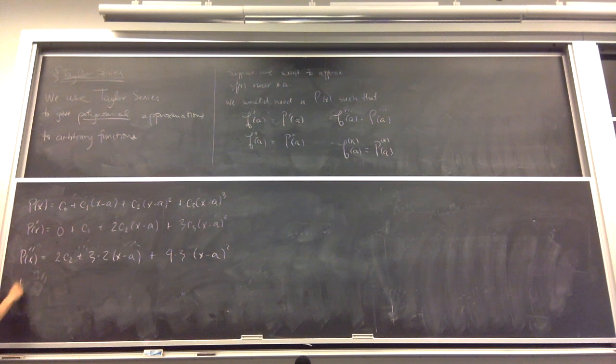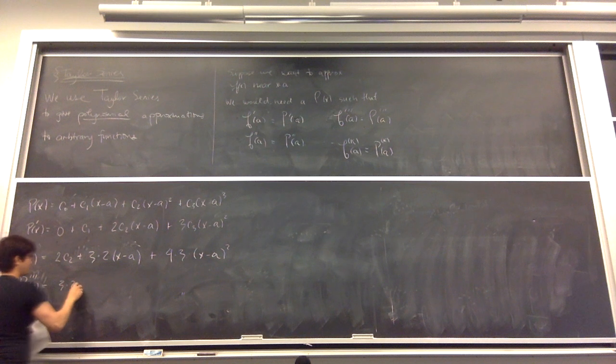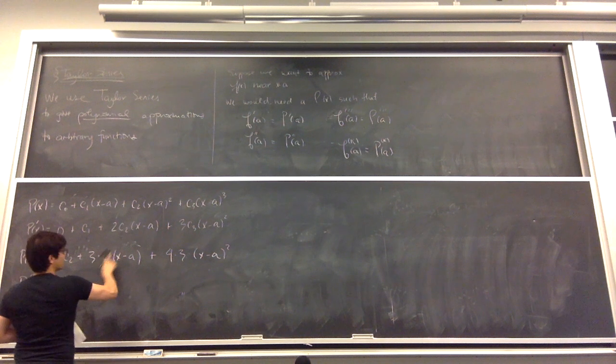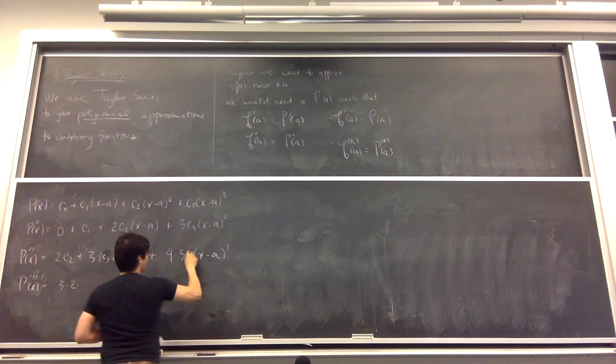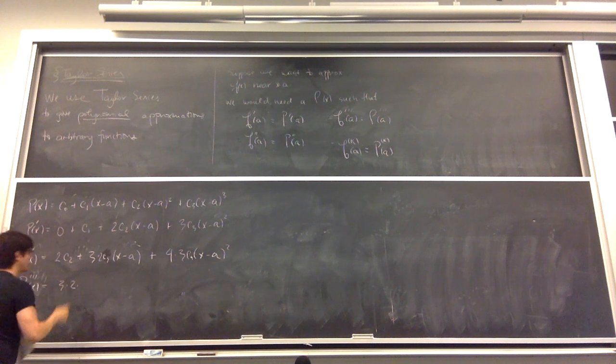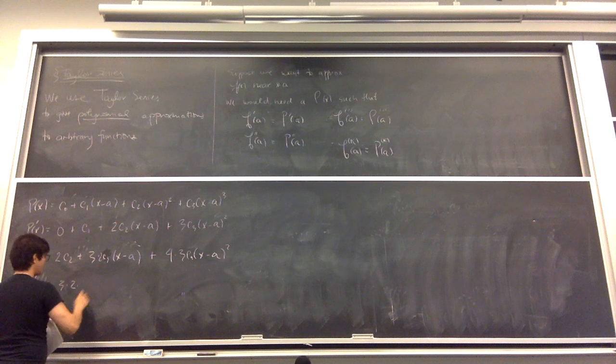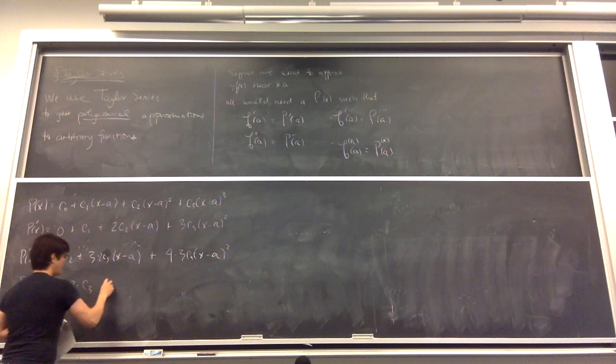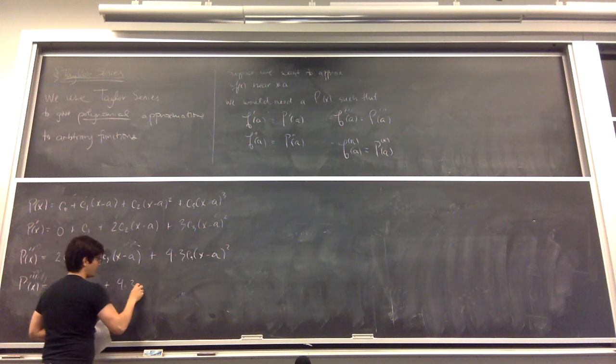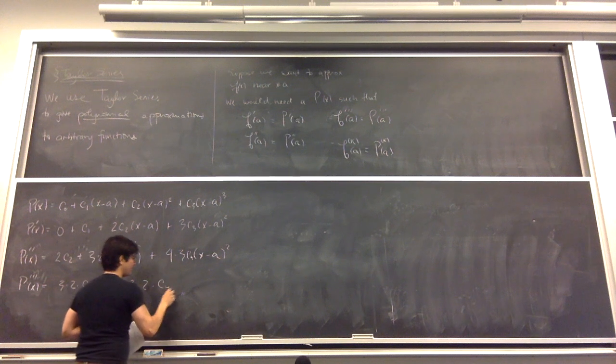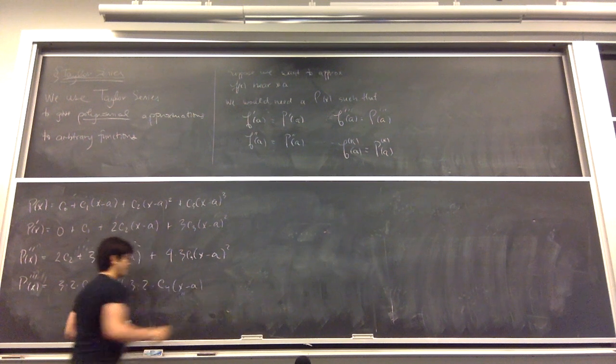And one more for good measure. We're going to get what? 3 times 2 times, oh, I forgot my coefficient here. I forgot all the coefficients. C3, C4. This is going to be 3 times 2 times C3. And we're going to get 4 times 3 times 2 times C4, times (x minus a).